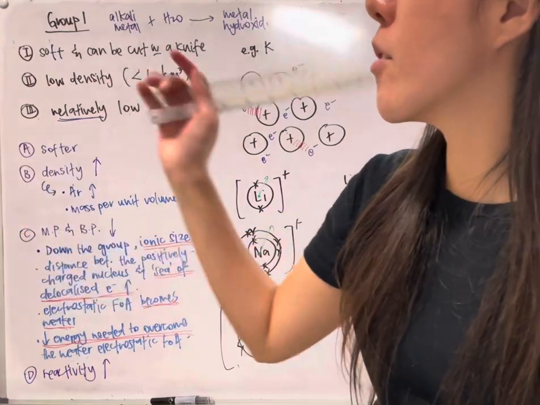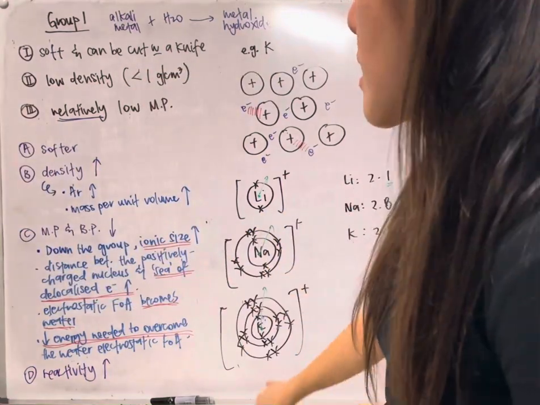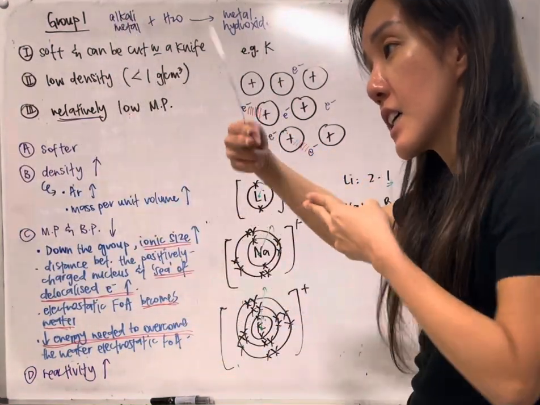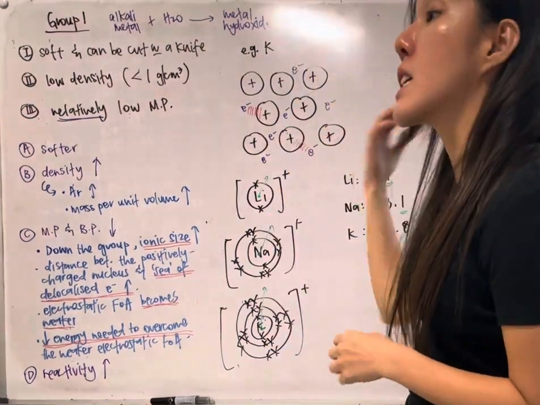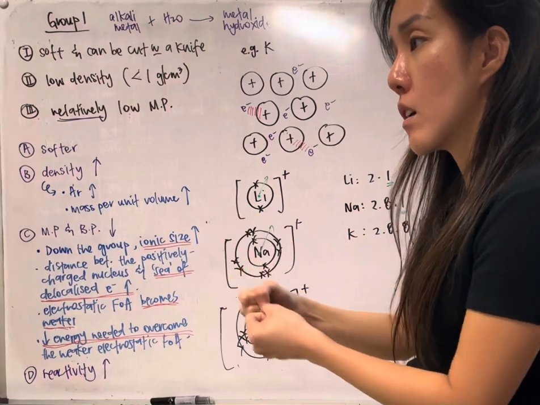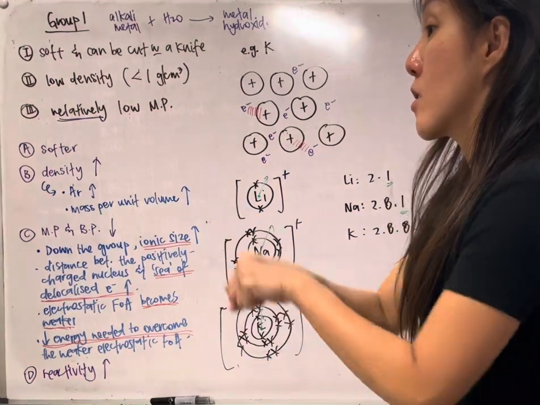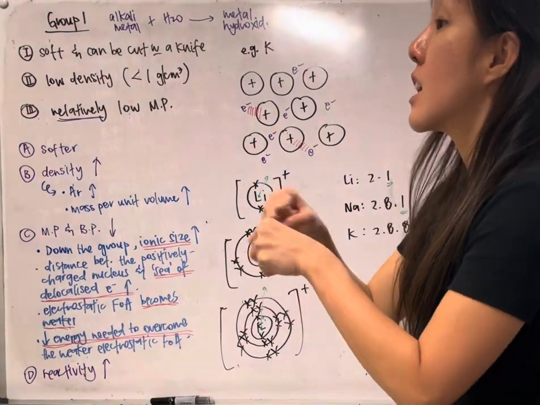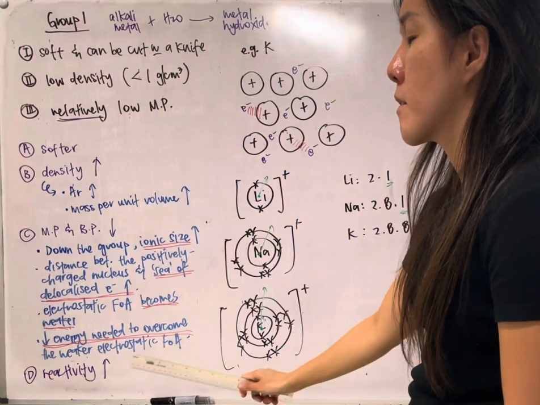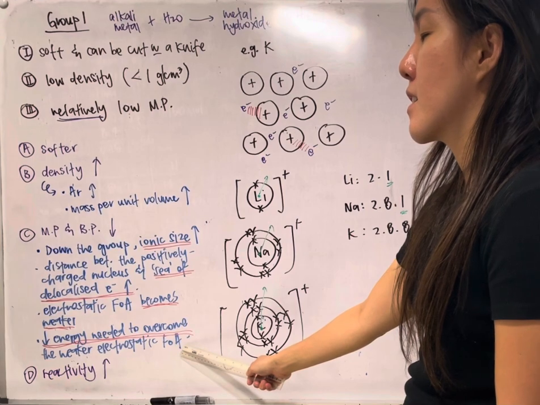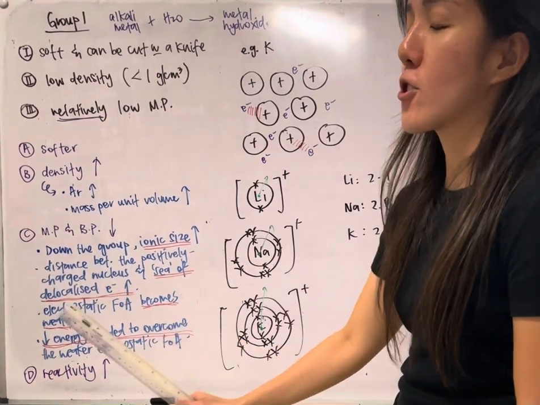So how do you end off? What must you say? The electrostatic force of attraction becomes weaker, so it is easier. This is about melting, so more energy or less energy is needed to overcome what bonds? Less energy is needed to overcome the weaker electrostatic force of attraction.